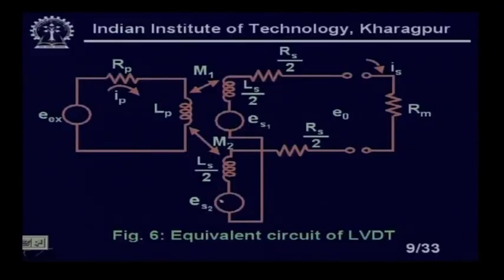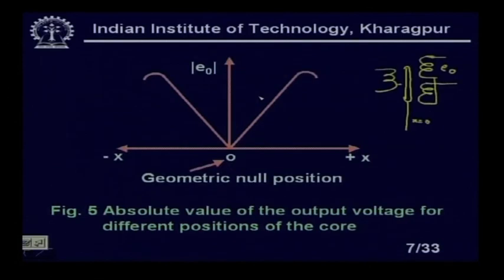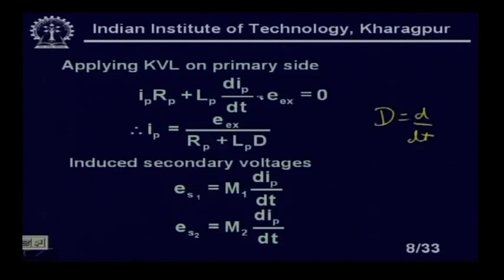So, this is the induced secondary voltage, and this is our actual equation. The current applies on the primary side, but on the secondary side it will induce a voltage like this: Es1 equals M1 into dIp by dt, and Es2 equals M2 dIp by dt. So, all with respect to the primary current.